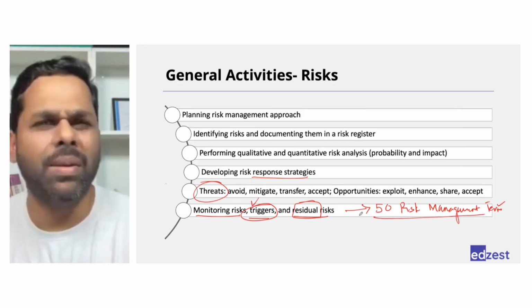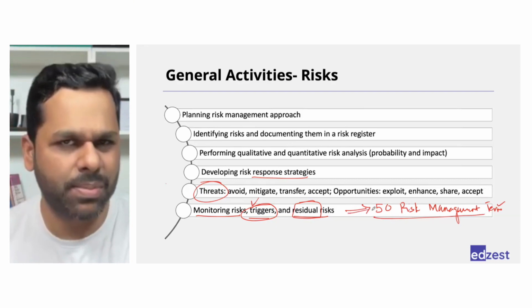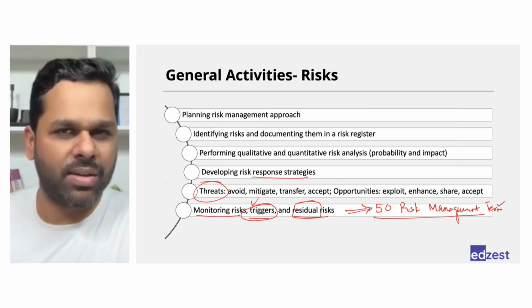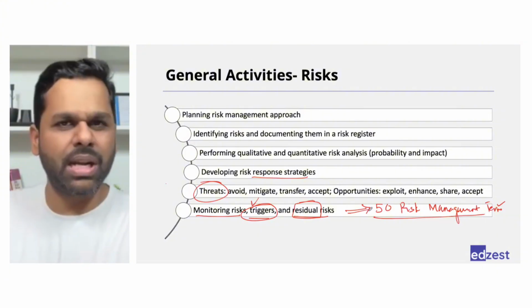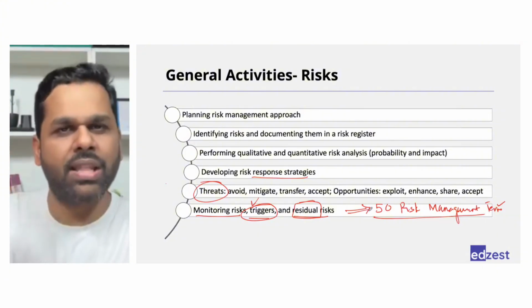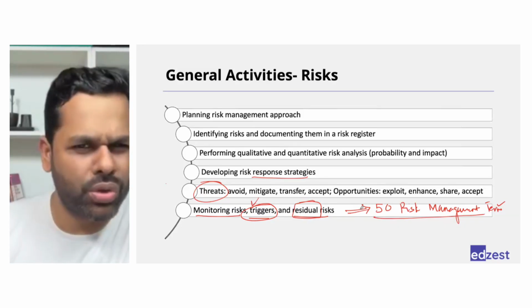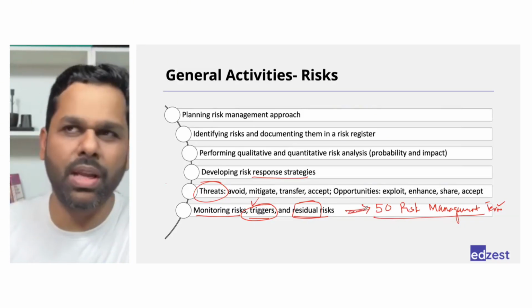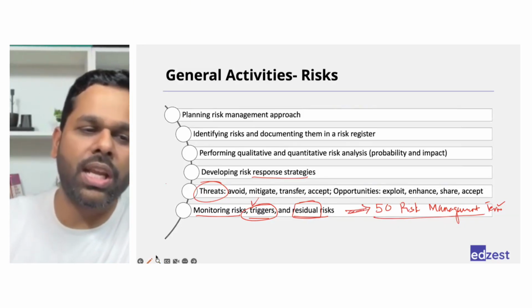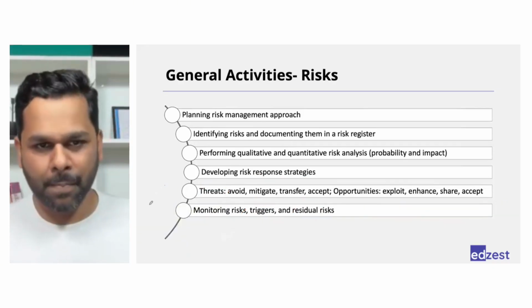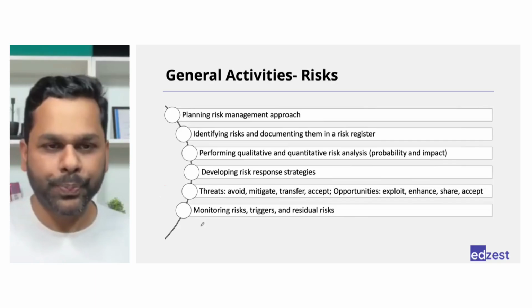Also, in risk management specifically, you don't have to memorize all the 500, 600 terms that are there for project management, because ultimately it is an application of knowledge rather than a test of memory. But do go through these terms at least once. You should be able to logically, in your own words, understand what those terms mean. Okay, so I'll send that link.